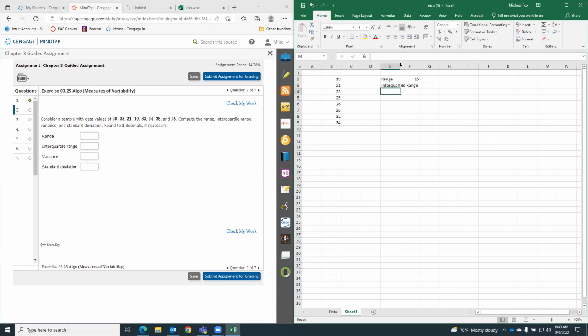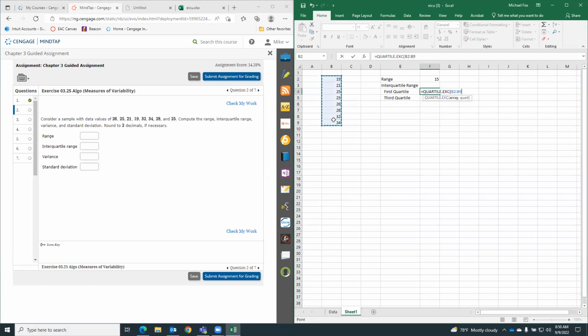To find the interquartile range, that is the range between the first quartile and the third quartile. So what I do is I do the first quartile and then the third. I use that same function I used in the last problem, equals QUARTILE.EXC.